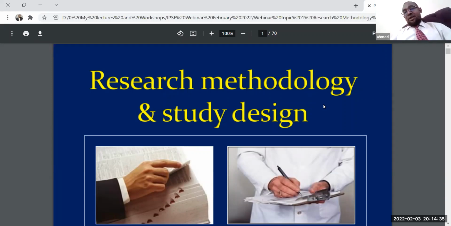I will cover this topic by reviewing some screenshots from published research papers resembling examples of designs, including cross-sectional, longitudinal, case control, cohort, and randomized control trials.